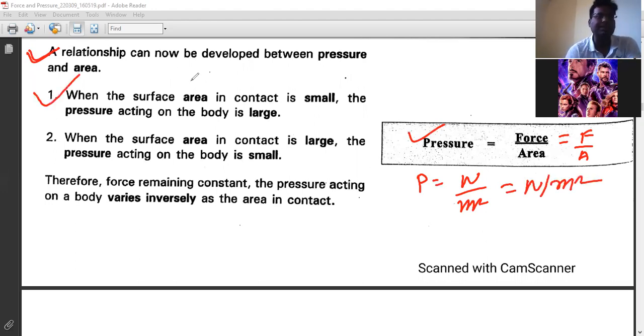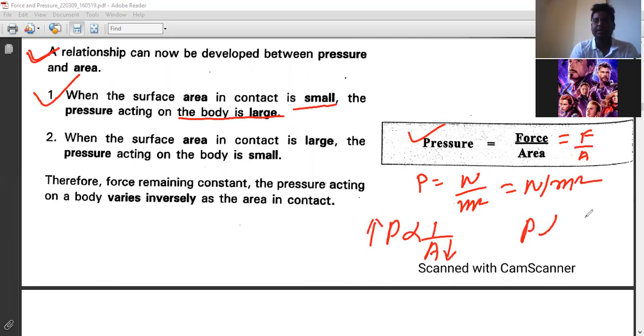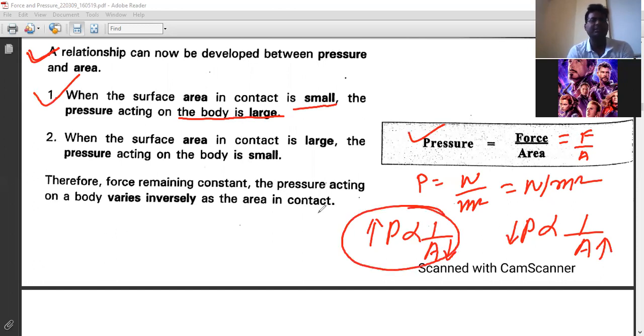When the surface area in contact is small, pressure acting on the body is large, because pressure is inversely proportional to area. When area is large, pressure will be small, because they are inversely proportional to each other.